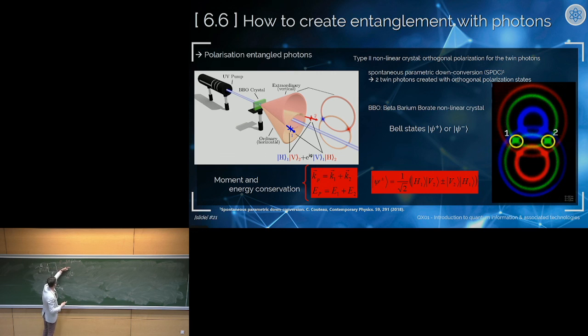So the k pump in the middle has to equal the two of them. But because there's a certain sort of leverage between the two, then the two photons actually come out as cones of light. Okay, so those are the cones of light.